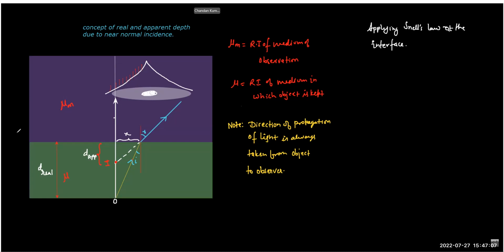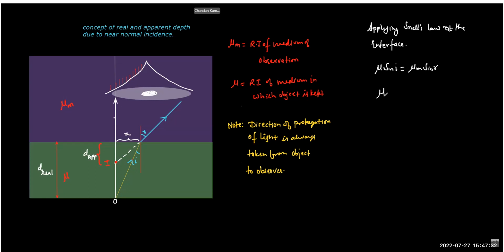So we have to write the normal only, no? Sin I by sin R is equal to, exactly. What else can you write? So you can write mu into sine I equals mu medium into sine R, correct? Now, because it's a near normal incidence, these angles are very small. I is very small, R is very small, correct?